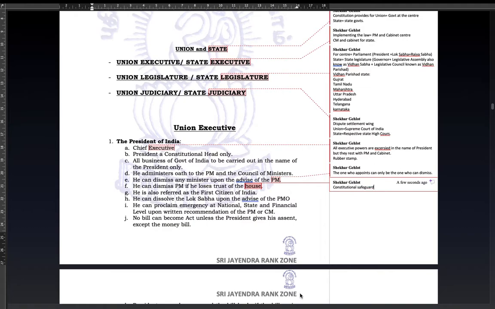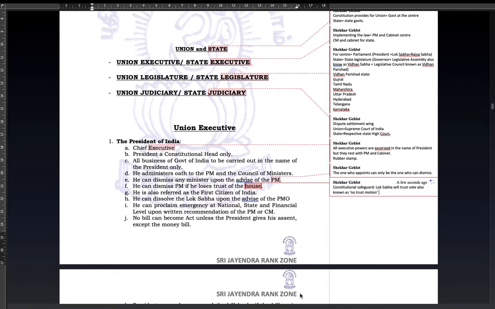Okay, when the PM is not functioning as per the requirements of the parliament, then, not both houses, sorry, only the Lok Sabha will have a trust vote, also known as a confidence motion, also known as a no trust motion.